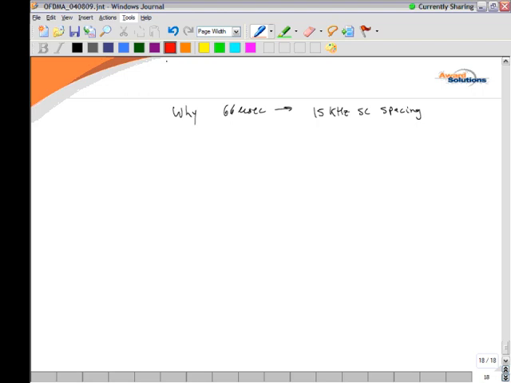And I will give you the two competing goals that we have. If you have wider spacing, then it's better for high-speed users, better for fast-moving vehicles. So from that perspective, we like that.